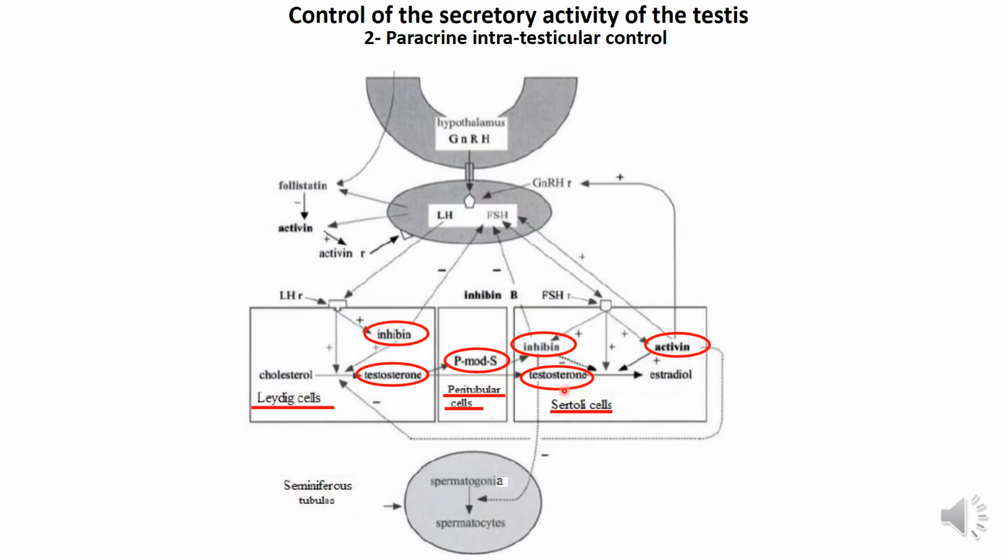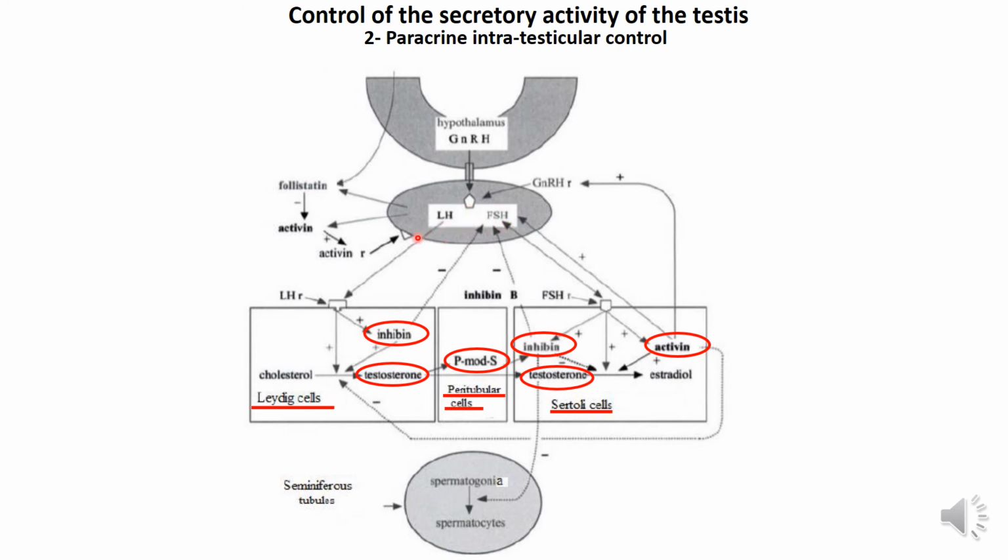So here we will see a summary of the paracrine and endocrine interactions that we have talked about. In fact, the hypothalamus produces the GnRH, which will act on the anterior hypophysis and will induce the production of LH and FSH.